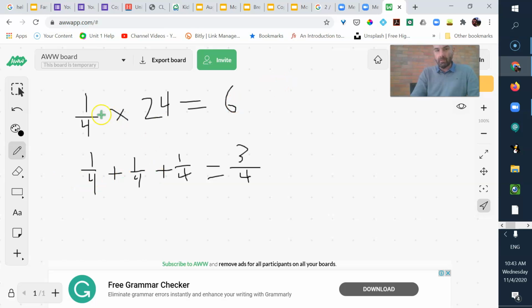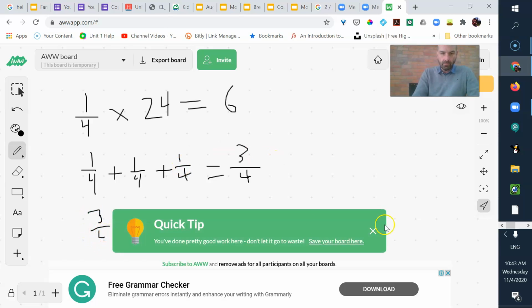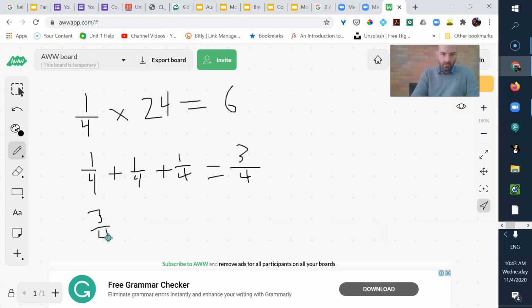So what does that mean? If we know that 1/4 of 24 is 6, and 1/4 plus 1/4 plus 1/4 is 3/4, that means 3/4 of 24 is 6 times 3, which is 18.